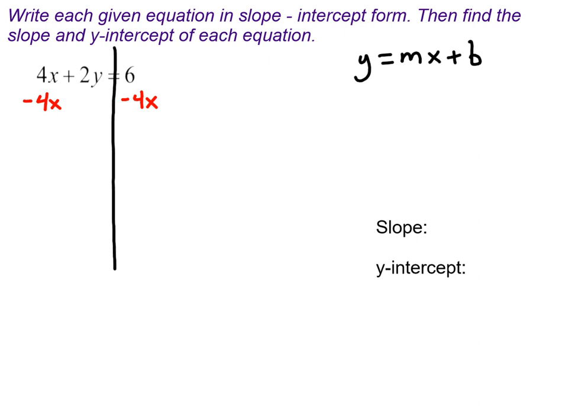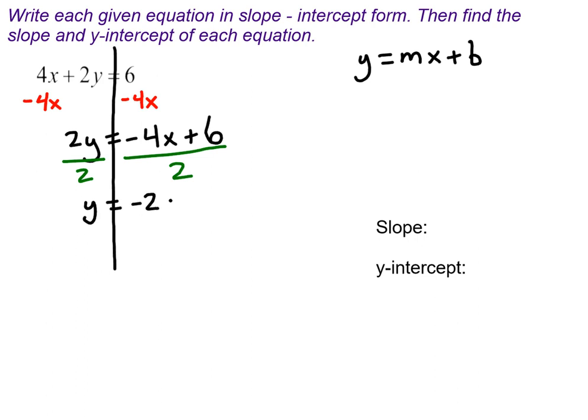So when I do that, I'm going to have 2y equals -4x plus 6. My next step is going to be dividing by 2 on both sides. So when I do that, I'm going to have y equals -4 divided by 2 is going to give me -2x, and then 6 divided by 2 is +3.